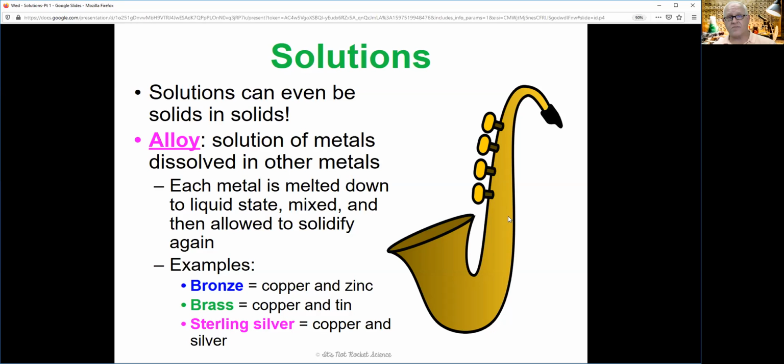Sterling silver. If any of your grandparents have utensils for the table for fancy dinners, they have sterling silver. Sterling silver is a combination of copper and silver. Again, those are melted to the point where they liquefy. Those solutions are mixed together, cooled carefully, poured into molds to become that sterling silver.